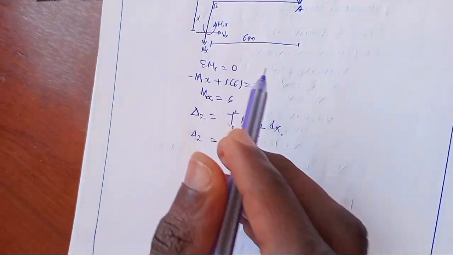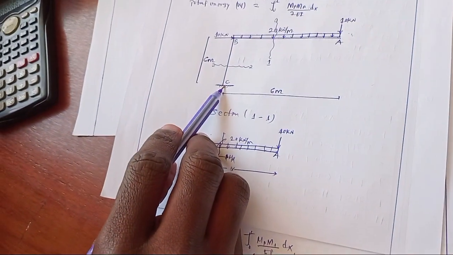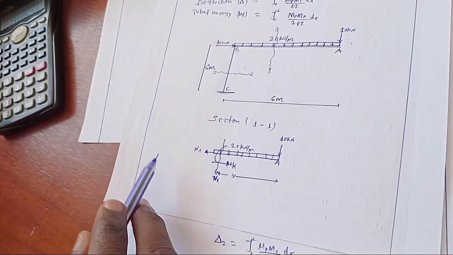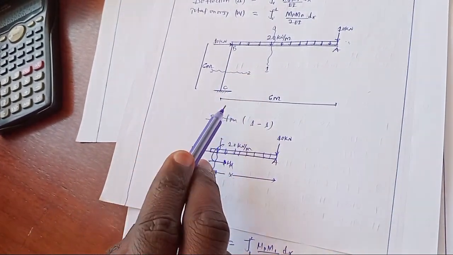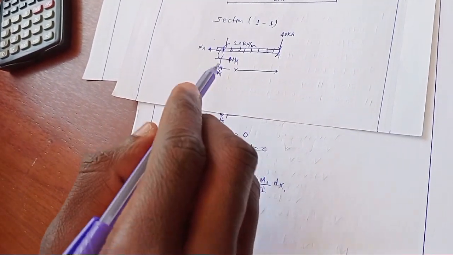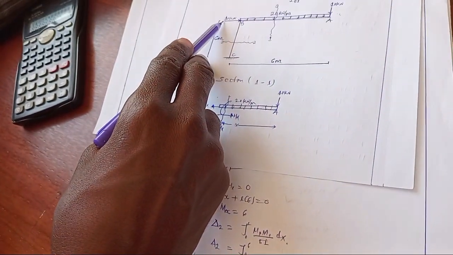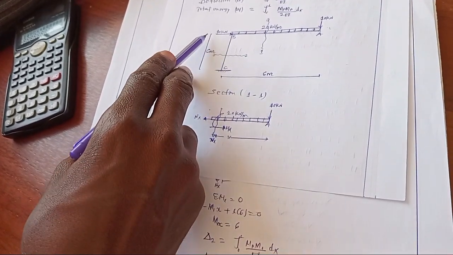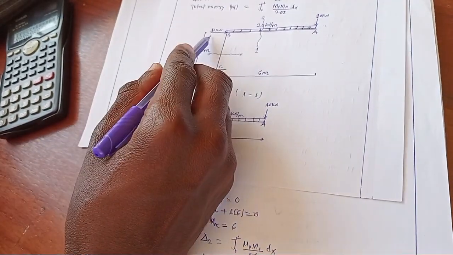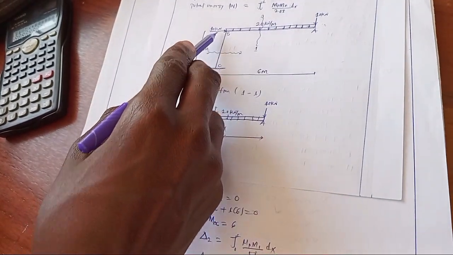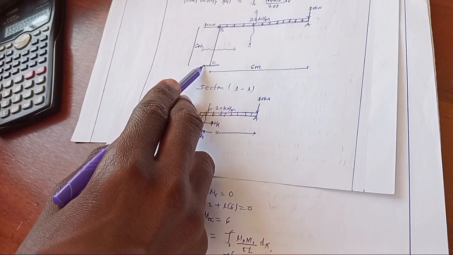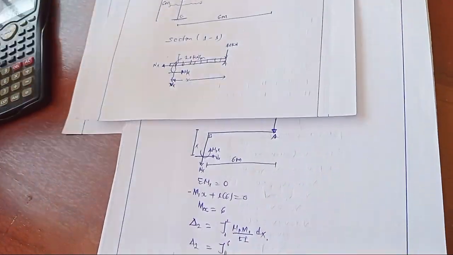From 0 to 6 means from this point to this point, its distance is 6 meters. That's why we integrate from 0. We have assumed the distance from this point to this point is a known distance x, so it will be from this point, which is 0, up to this distance, which is 6 meters.